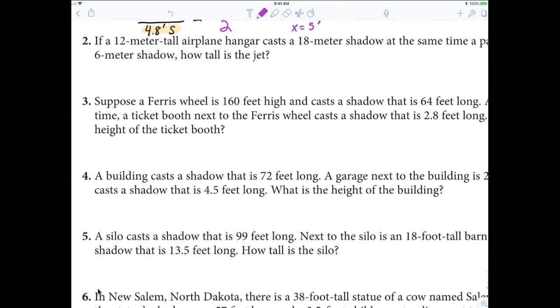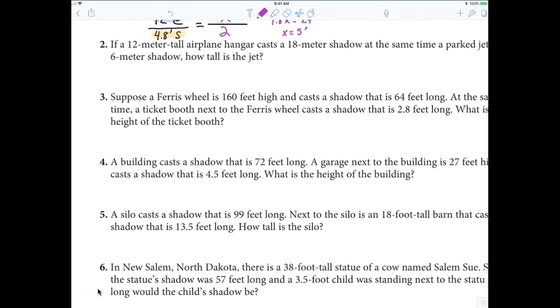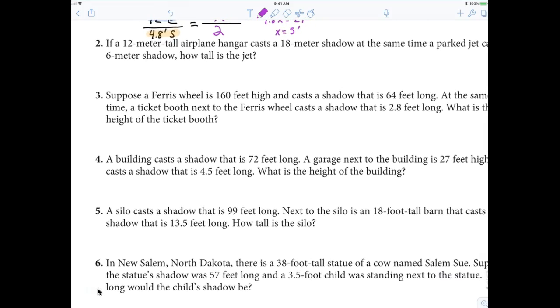It says, a 12-meter tall airplane hangar casts an 18-meter shadow. So it would be 12 over 18. We're going to put 12. I want to make sure we put what it is. We don't have to put the meter, but we have to put that it's the hangar, correct?